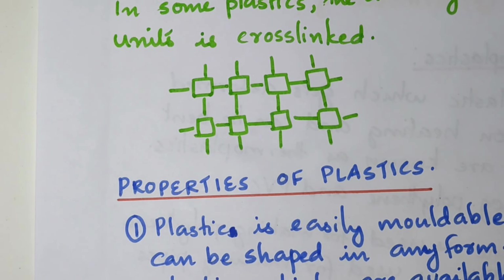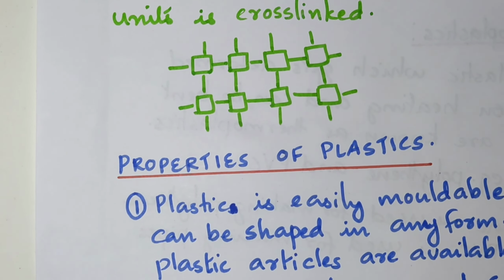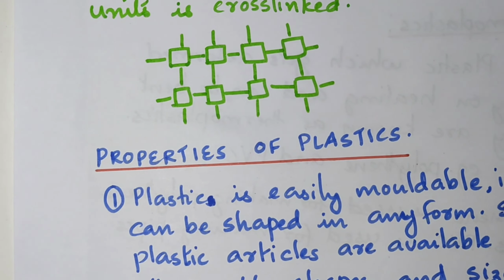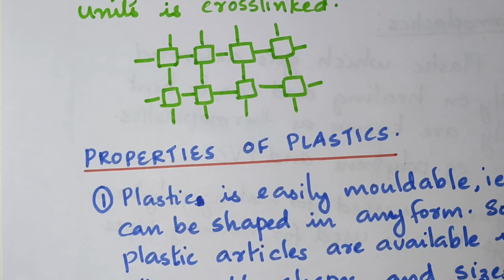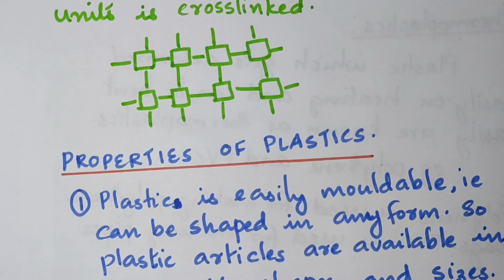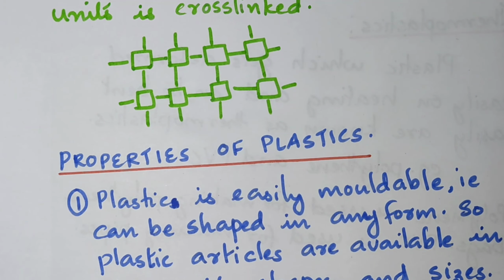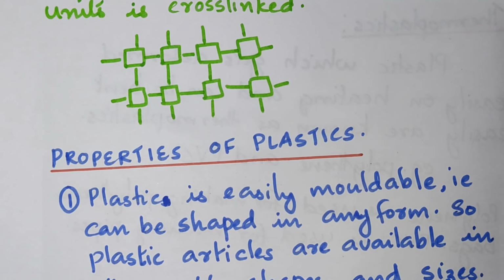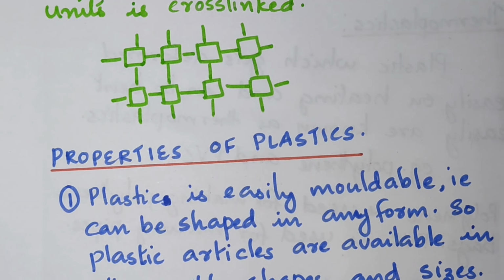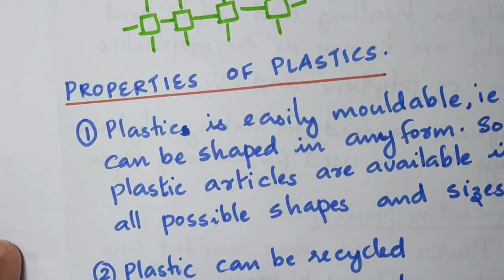Properties of plastics. Plastic is easily moldable, that is, it can be shaped in any form. So, plastic articles are available in all possible shapes and sizes.